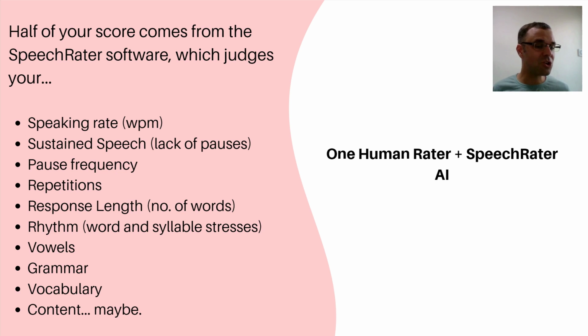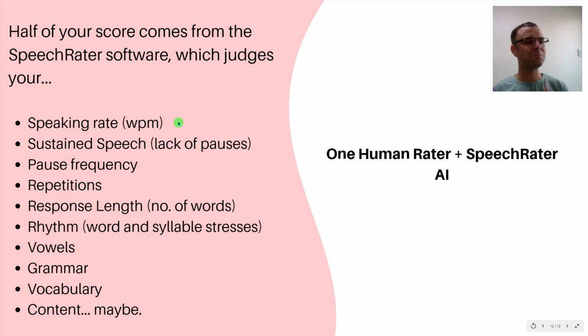Now, the human is doing it exactly the same as before by looking at the rubrics and giving you a holistic score. The software, however, is judging you on a variety of categories. Now, I'm not going to bore you too much, but I did go into the documentation and the scholarly articles, and I found out that the SpeechRater is judging you based on these categories.